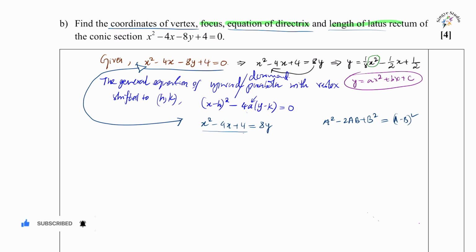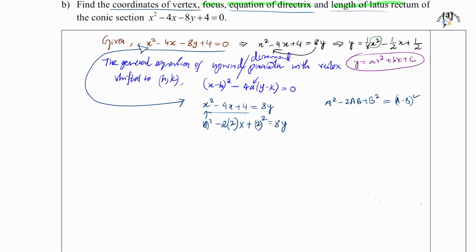If x equals a, then we have a squared minus 2 times x times 2, and 2 squared to get this 4. So this whole equation represents x minus 2 the whole squared equals 8y. Actually, this square has already been completed.